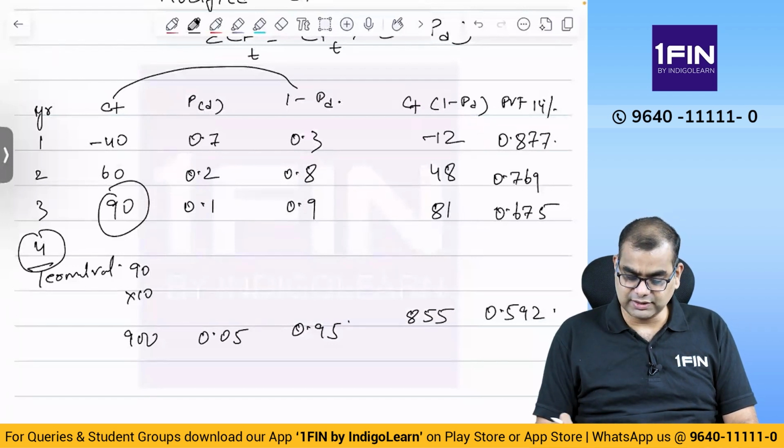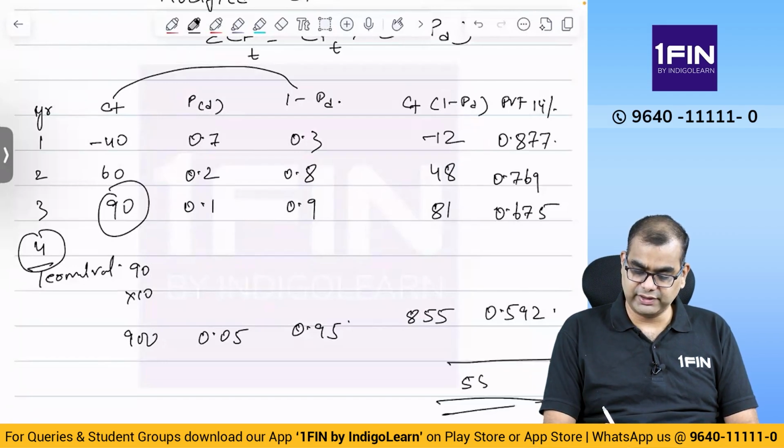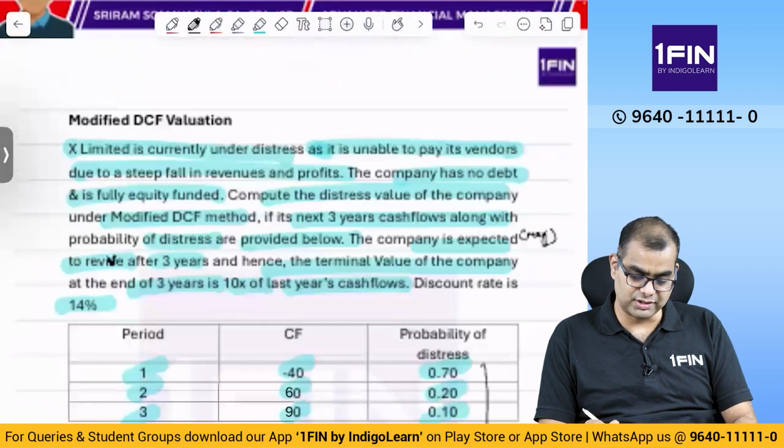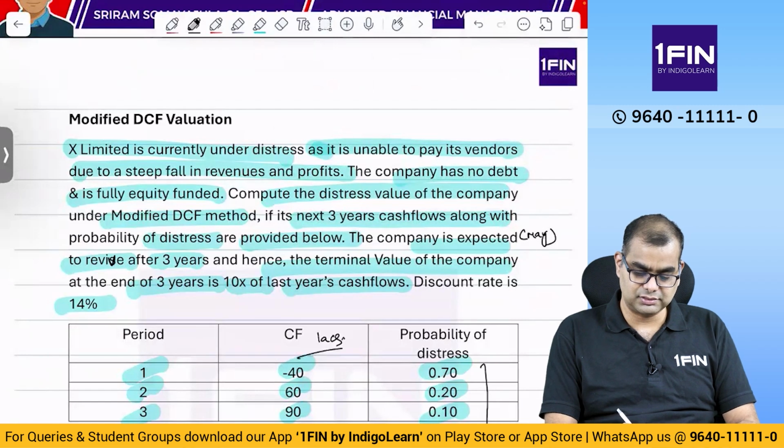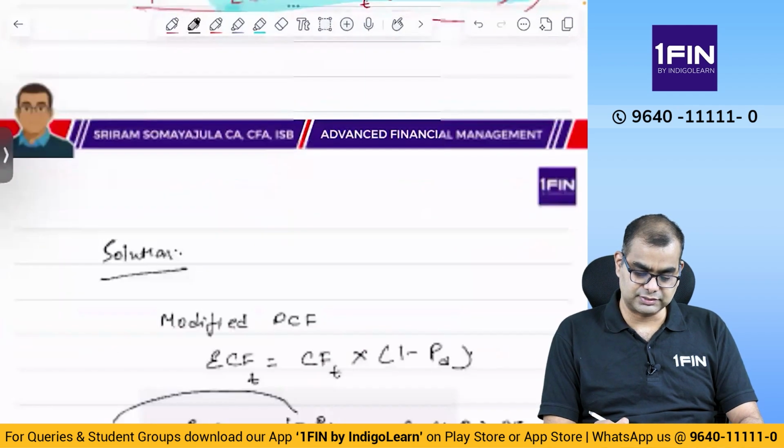So what are the values? Minus 12 into 0.877, plus 48 into 0.769, plus 81 into 0.675, plus 855 into 0.592. You get a total of 587.223. Now what is the unit of measurement? I didn't even say. Cash flow in rupees lakhs.